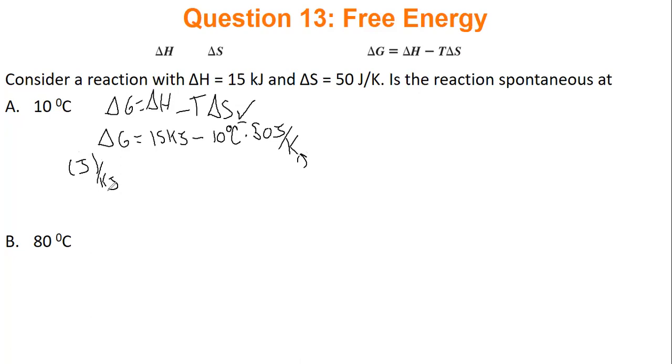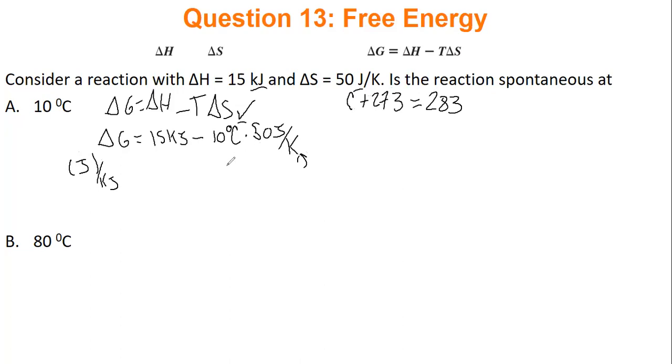So I'm going to convert from Celsius to Kelvin. Hopefully you have this by now, but to convert from Celsius to Kelvin, you just add 273 to it. So that's 283 Kelvin. The other unit we have to look at is kilojoules and joules, because eventually we're going to subtract these two numbers.